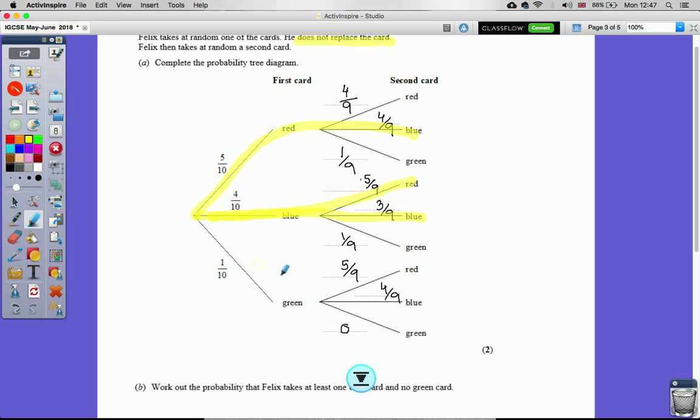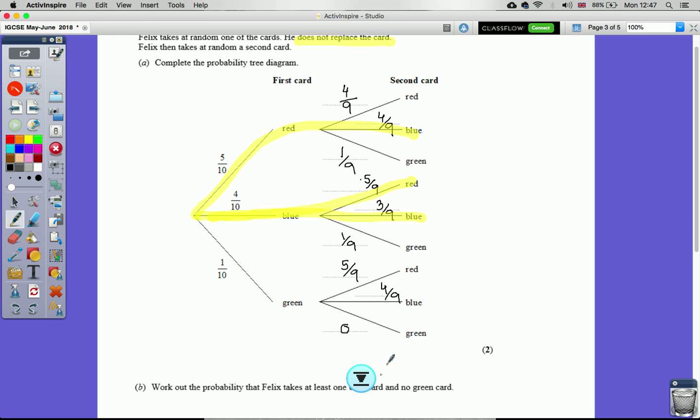The third branch is not applicable because he is not taking any green card. So the probability is red and blue, blue and red, and blue and blue. So let's do the calculation. We know that when we move along the branches, we multiply, or in other words, when we do AND, we multiply.